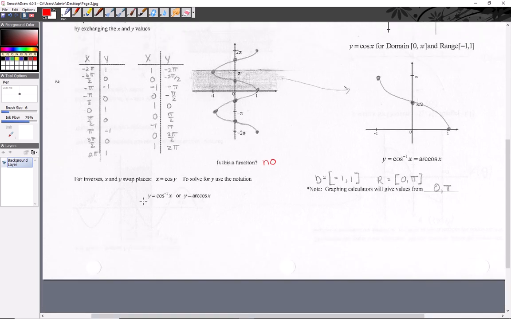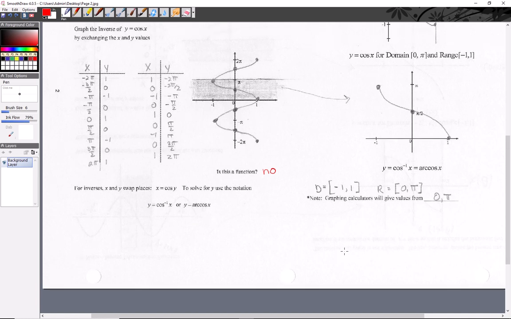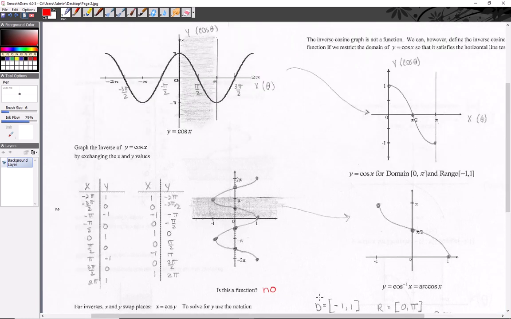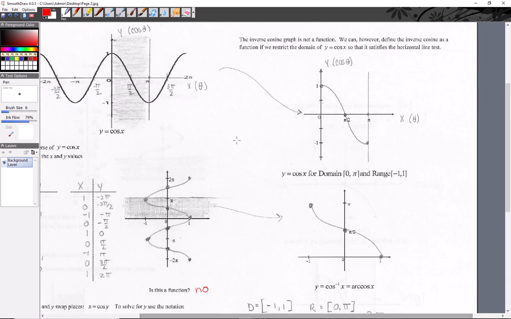All right, now that you're back, we have notation for it, and it's this right here. So we can use y is cosine inverse of x, or y equals arc cosine x. Really doesn't matter, they mean the same thing. All right, so now we're going to focus in on isolating these parts of these functions that we're going to actually put into use.